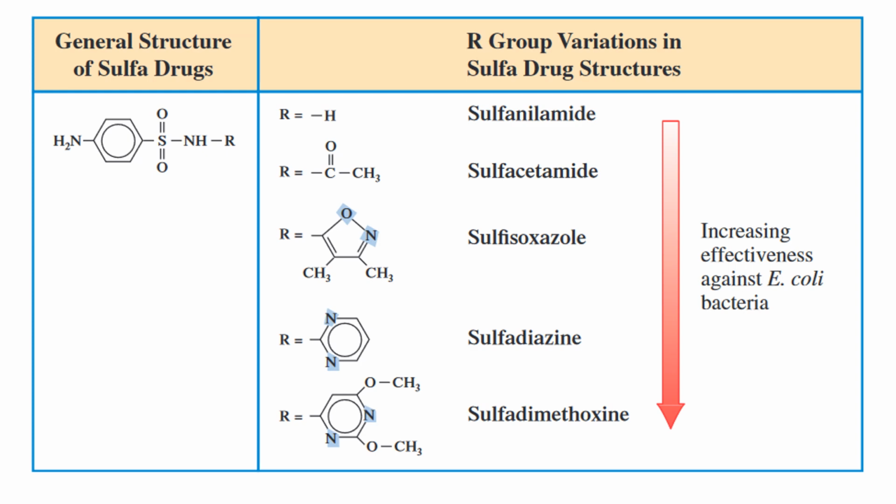Shown in this figure are the most common sulfa drugs and their structure. So the general structure is this. Take note of the R group. If the R group consists only of hydrogen, then you call it sulfanilamide. If it is another group like this one, a carbonyl group, you call it sulfacetamide.